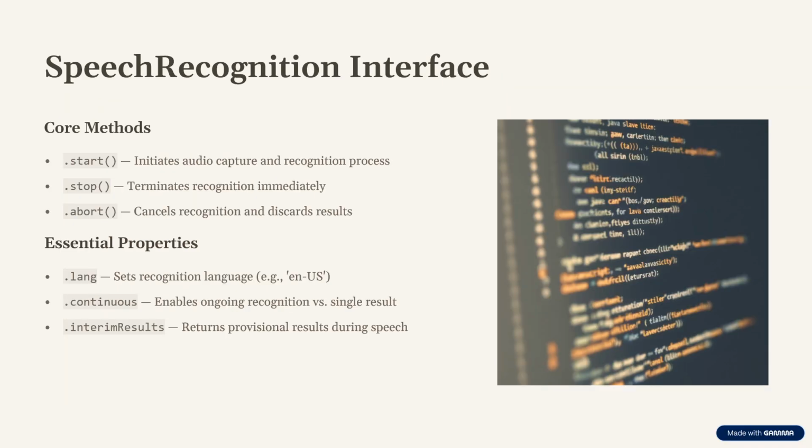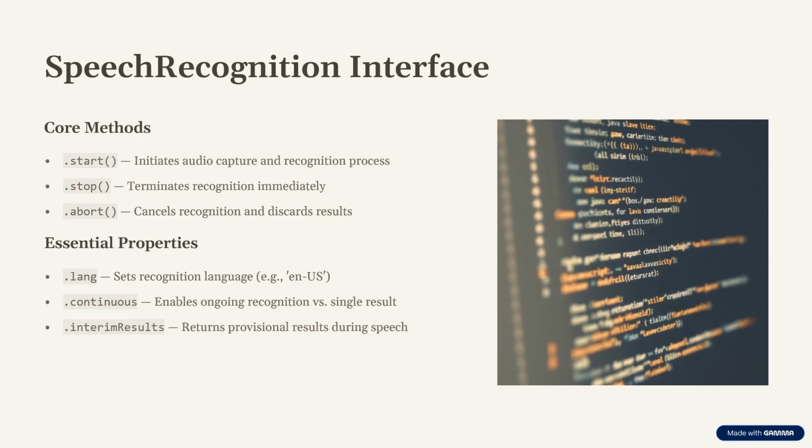Speech recognition interface. There are three core methods. The first one is .start, and you are aware of JavaScript, so these are JavaScript methods: .start, .stop, .abort. .start initiates the audio capture and recognition process.